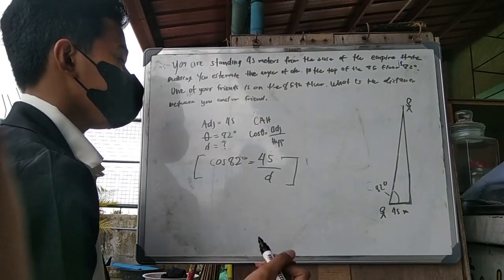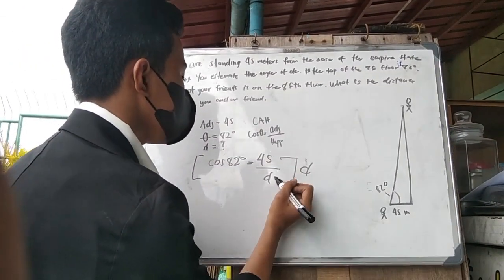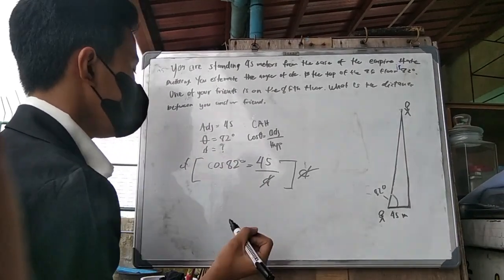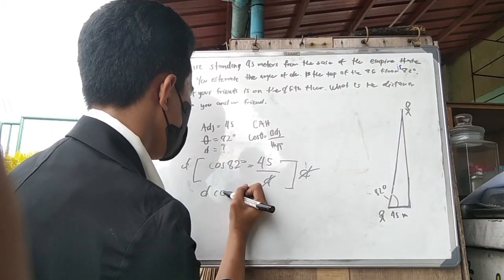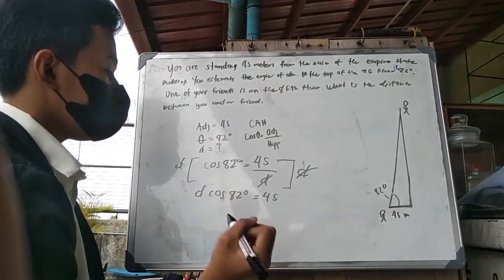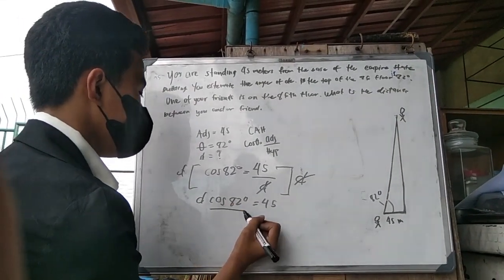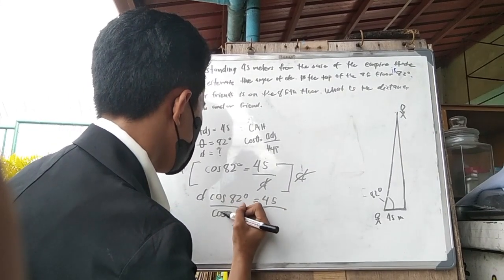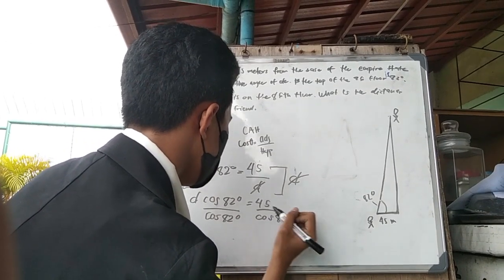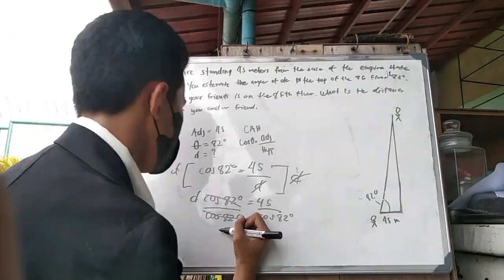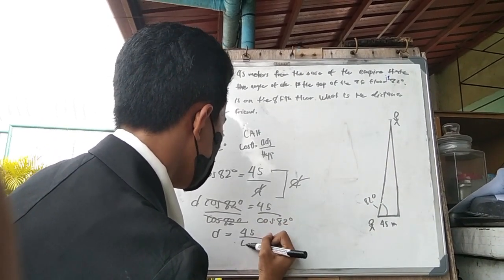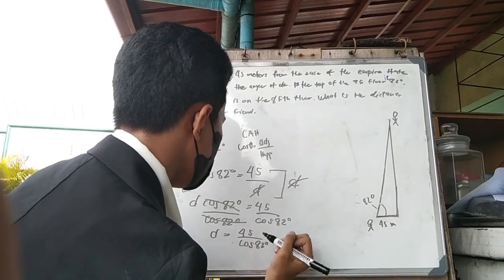Next, multiply both sides by d to cancel out the denominator. We are left with d cosine 82 degrees equals 45. Next, divide both sides by cosine 82 degrees and cancel. We are left with d equals 45 over cosine 82 degrees.